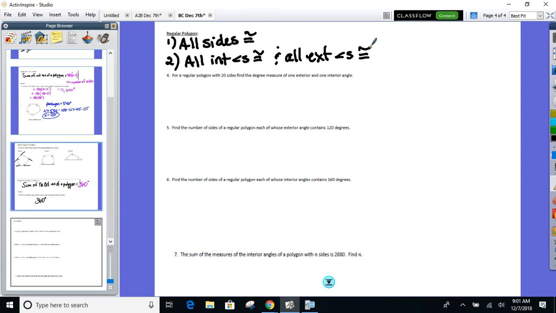So for this first one here on number 4, I'm giving you a regular polygon, 20 sides. Wow. 20 sides. Find the degree measure of one exterior and one interior. Let's do the exterior first. What are all those exterior angles going to add up to? 360 degrees.